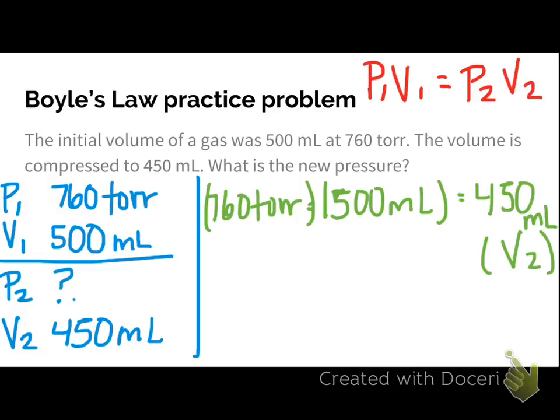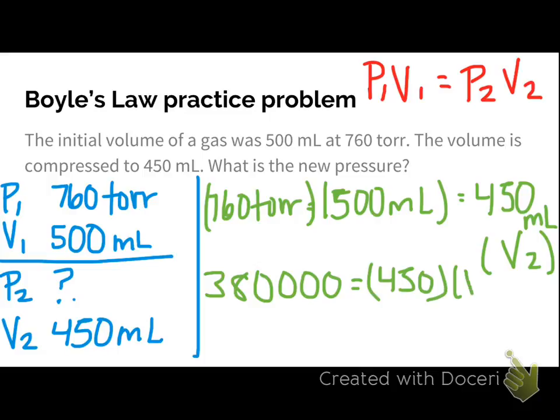The first thing to do is just solve this algebraically. We're going to multiply our 760 times 500, and that's going to give us 380,000 equals 450 times your V2.